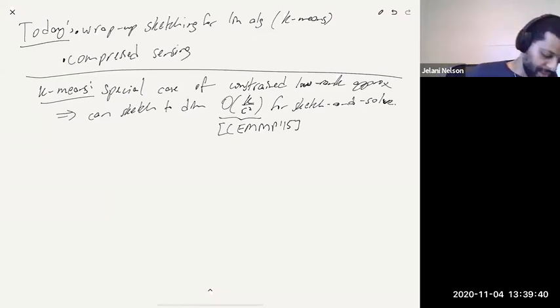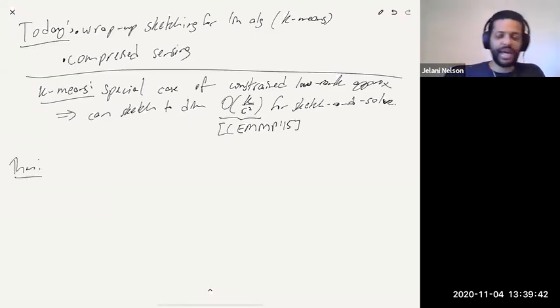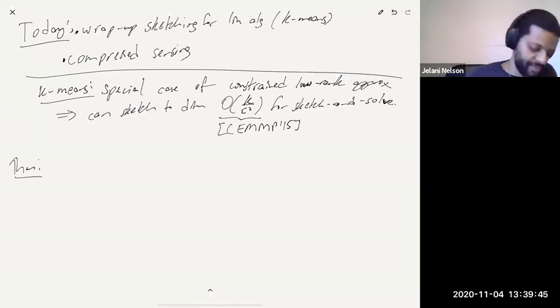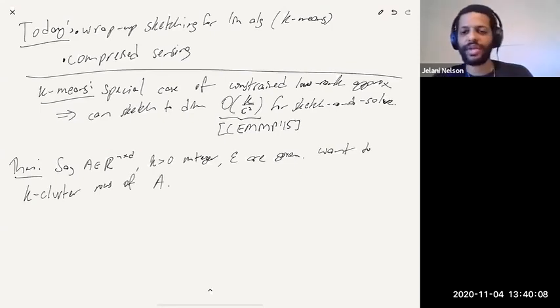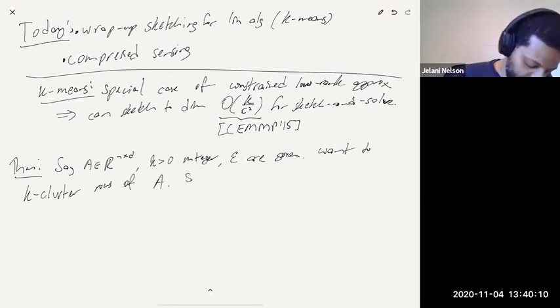Okay. So the theorem is that, say A is given, as well as k and epsilon. And what we want to do is k-means clustering, k cluster the rows of A. Now say pi is a sketching matrix.